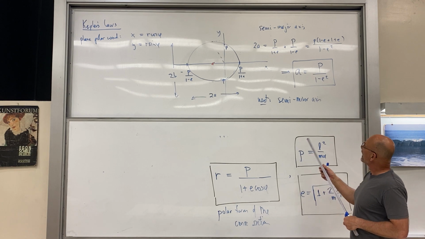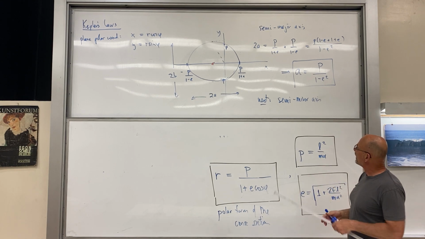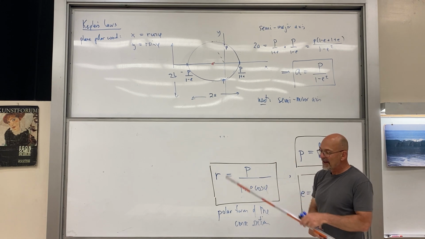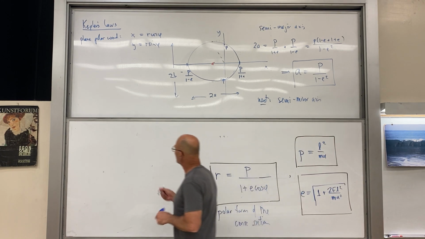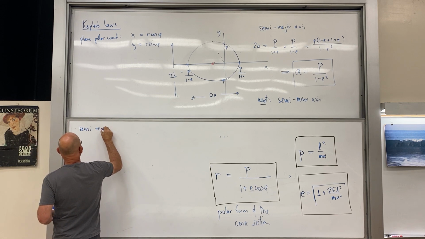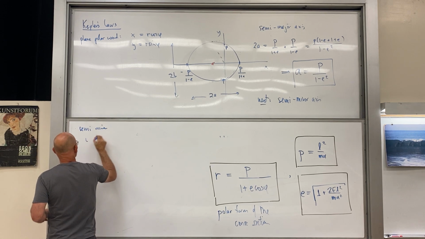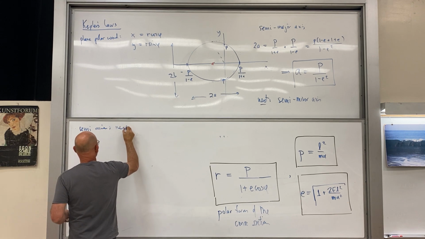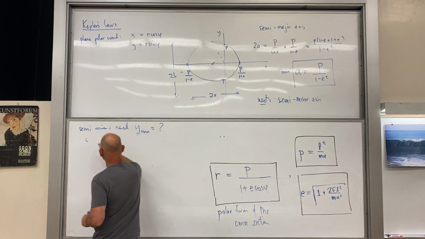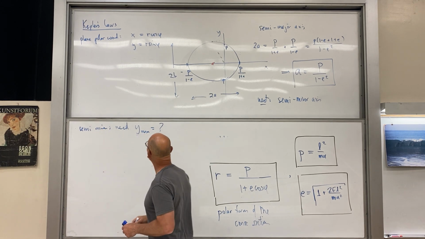For the semi-minor axis, we have to find out the angle at which y is equal to a maximum. So we need y maximum. What is the maximum value of y?